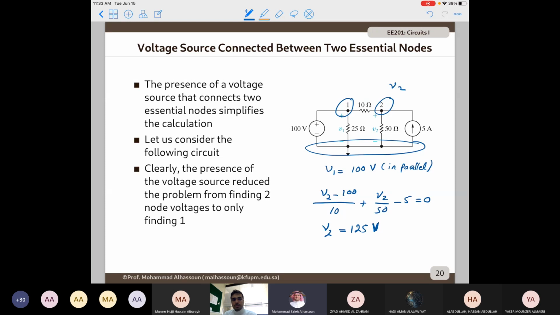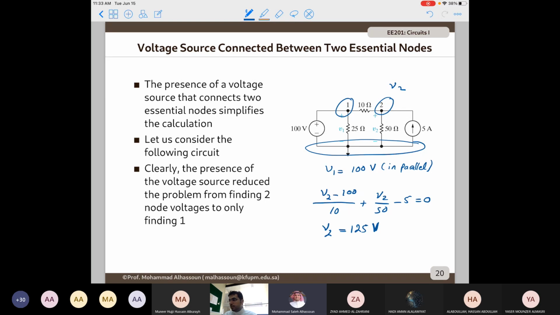So let me ask you this question. What is the value of the voltage source? It's 100 volts, right? Why am I getting 125 volts? If you have a battery in your circuit, can you get a voltage greater than the voltage of the battery? The answer is no, you cannot. This will set the highest voltage level.